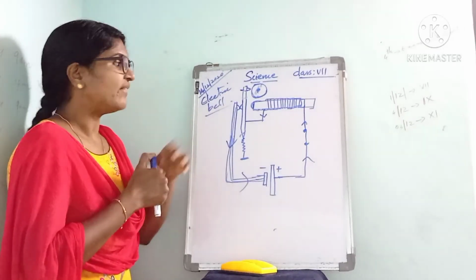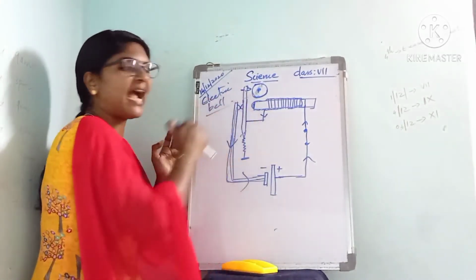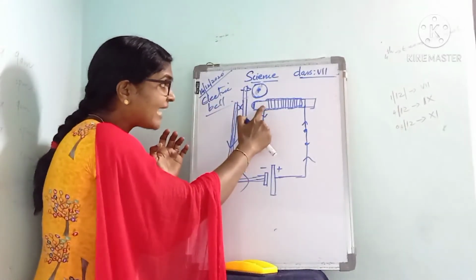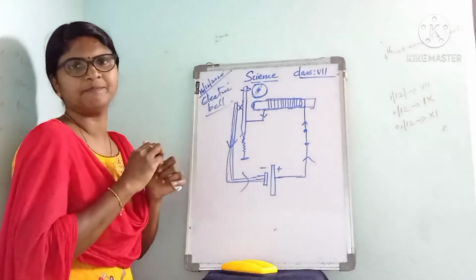When the coil becomes an electromagnet, the tiny iron hammer is attracted by it and strikes on this bell.